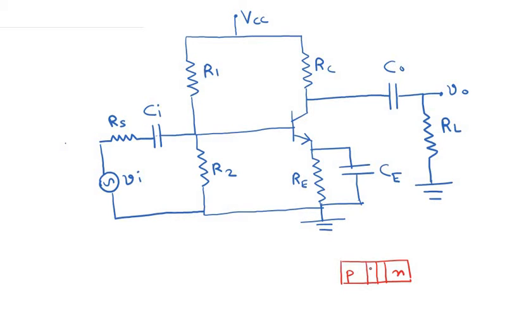In the P side there would be accumulation of negative charge in the depletion layer, and in the N side accumulation of positive charge, and this accumulation of charge gives rise to a capacitance. Also there are excess minority carriers, excess electrons in the P side just outside the depletion layer, and excess holes in the N side just outside the depletion layer.